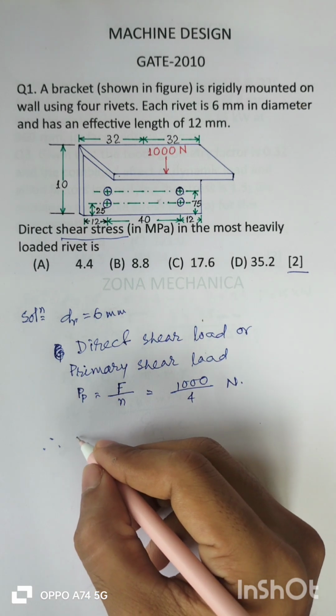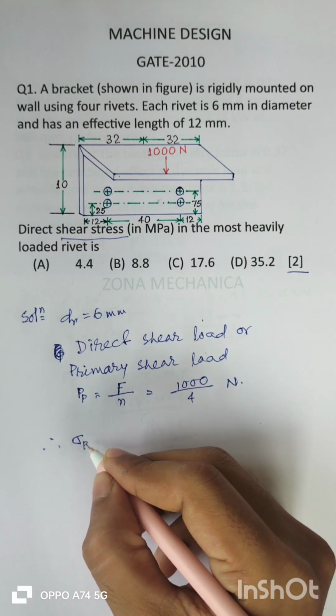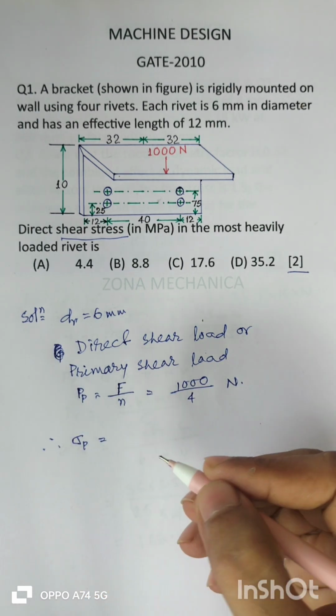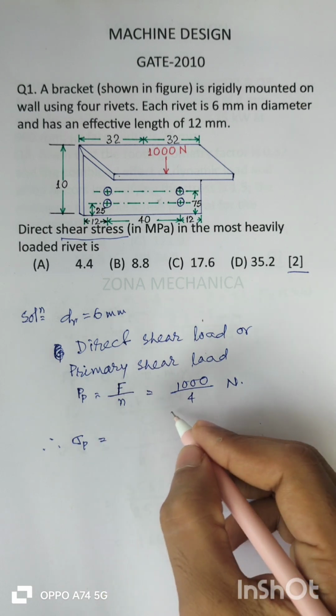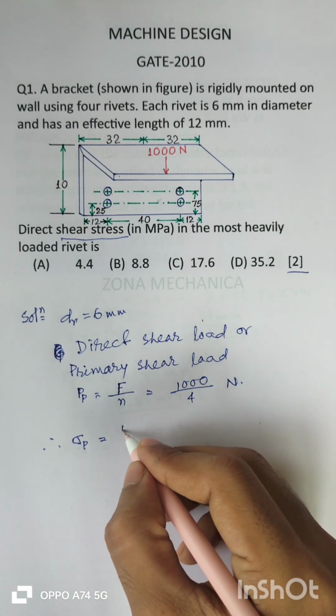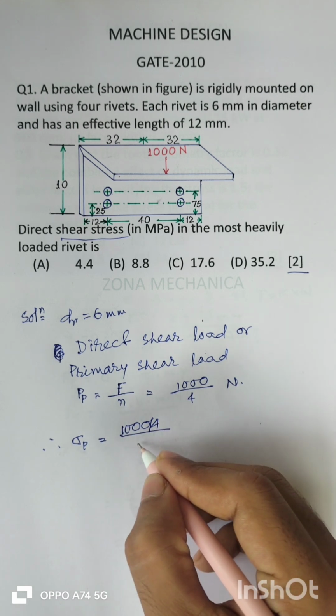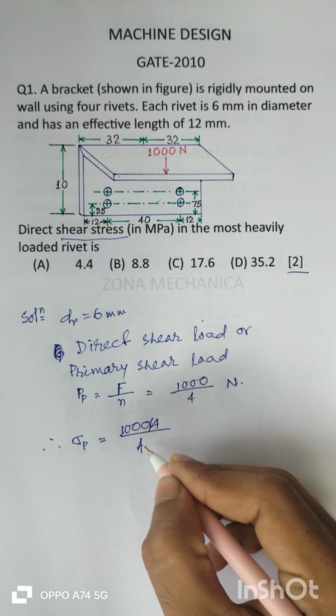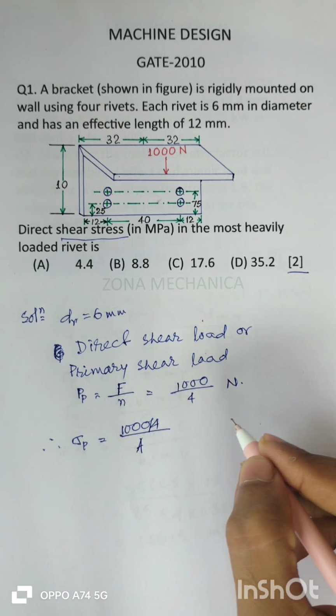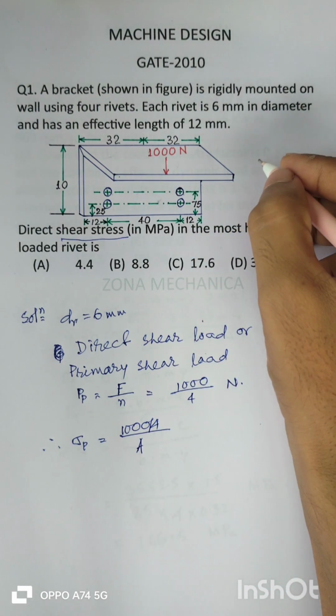Now the direct shear stress, we have to calculate the stress. So sigma P primary or sigma D direct shear stress will be this load divided by the cross sectional area. Cross sectional area of the rivet, right?